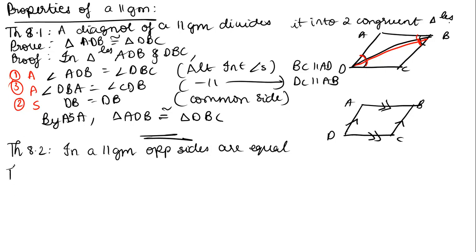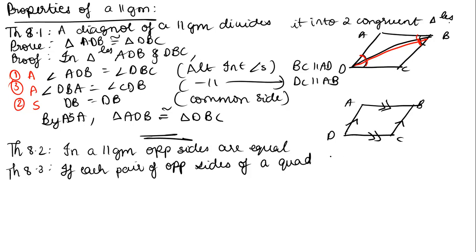Now next comes theorem 8.3. If each pair of opposite sides of a quadrilateral is equal, then it is a parallelogram.